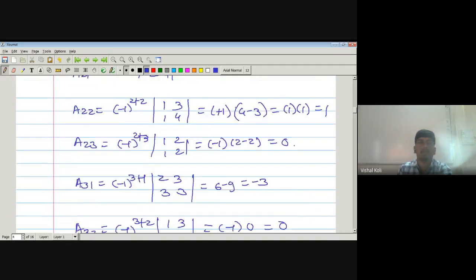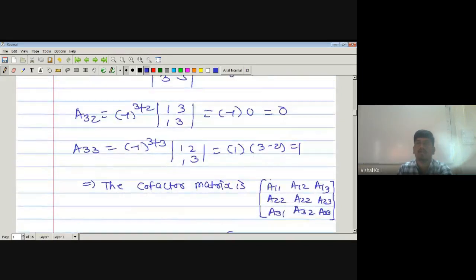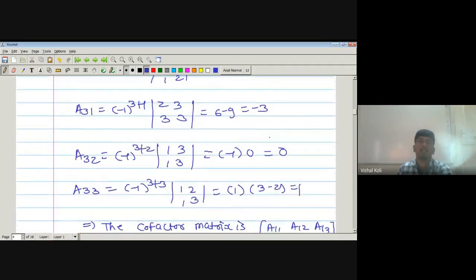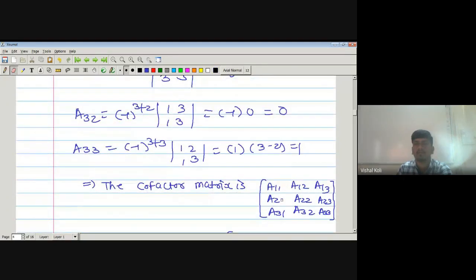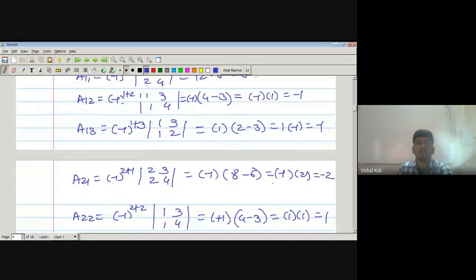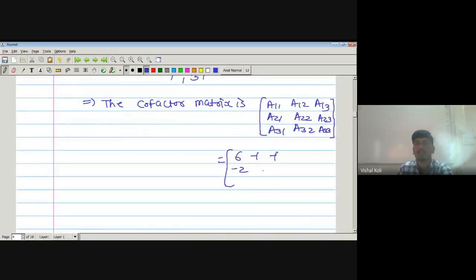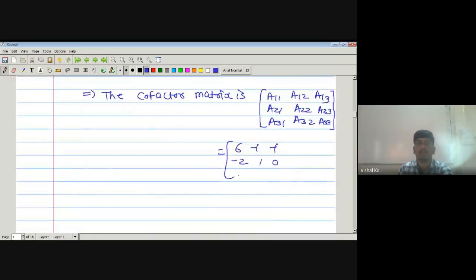A11, A12, A13 are 6, minus 1, minus 1. A21, A22, A23 are minus 2, 1, 0, and A31, A32, A33 are minus 3, 0, 1. So this will be the cofactor matrix of the given matrix.